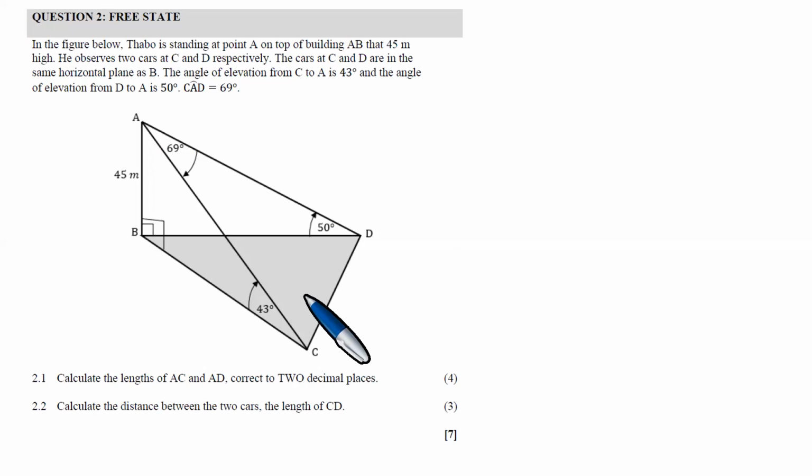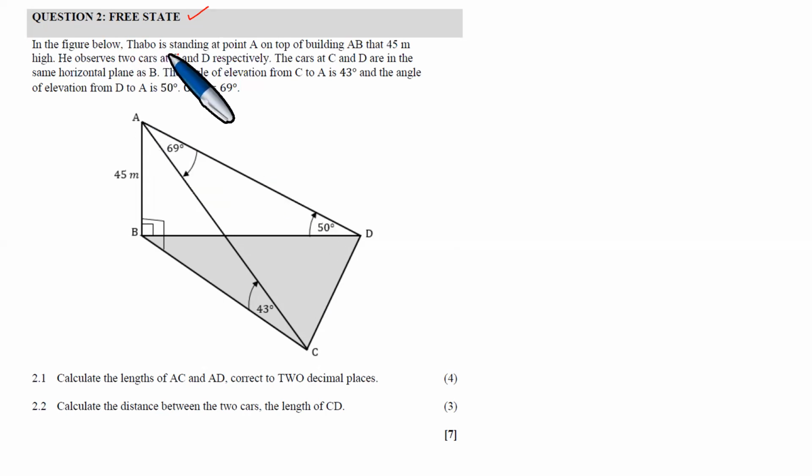I'm going to follow up on the question just to make sure that it is all clear, and then we shall be doing a lot of other things. Right, so we are beginning by looking at the question from the Free State province.